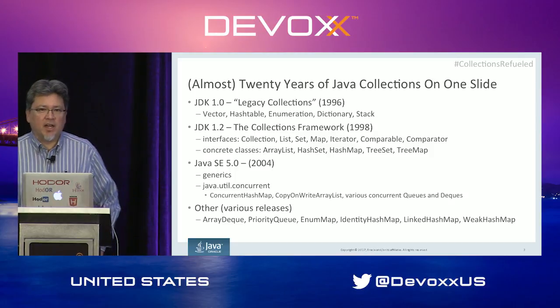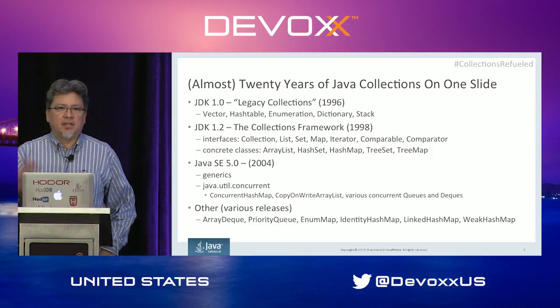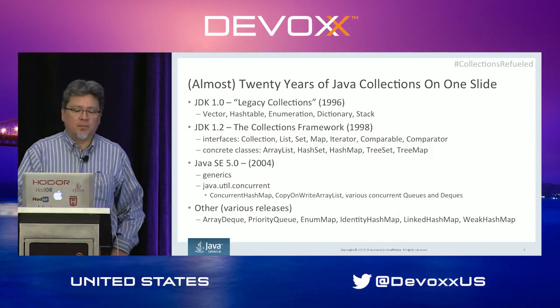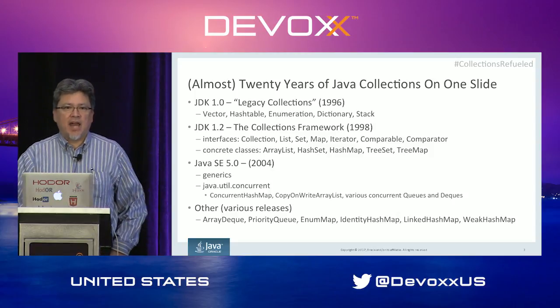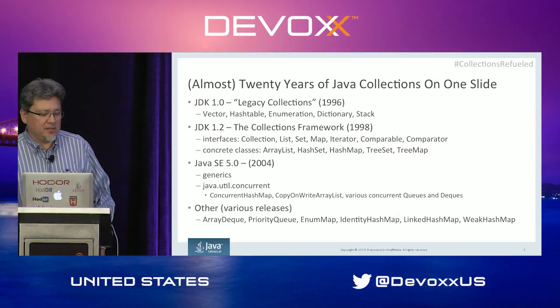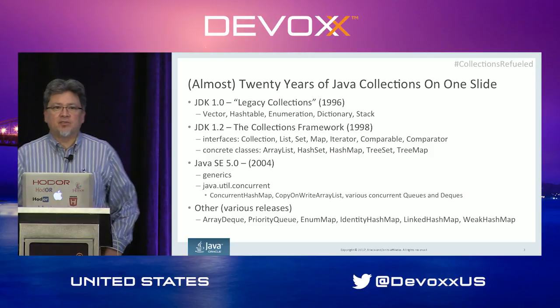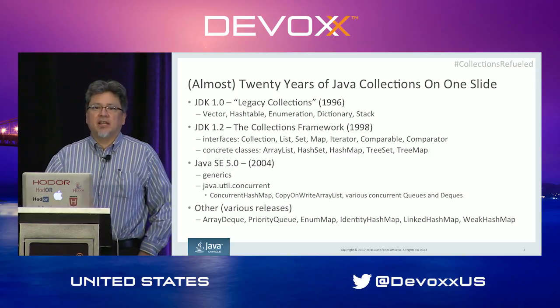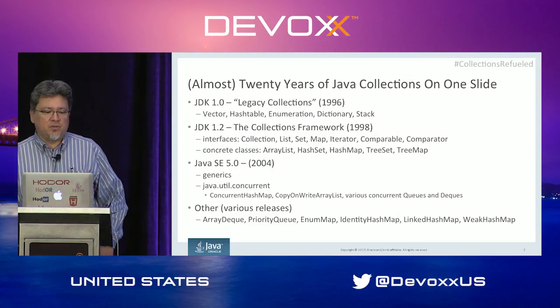I'm not going to be talking about those today, but that's a whole related framework that has some overlap with the collections framework. And then along the way, various individual implementations were added in various releases, such as ArrayDeque, PriorityQueue, EnumMap, EnumSet, and so forth. Those are very specialized collections. They don't get much general use, but when you need them, they're there, and they are really useful.